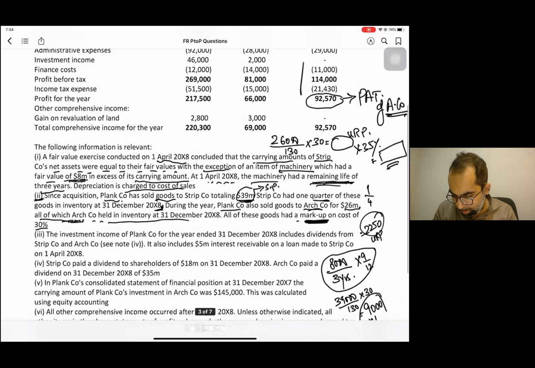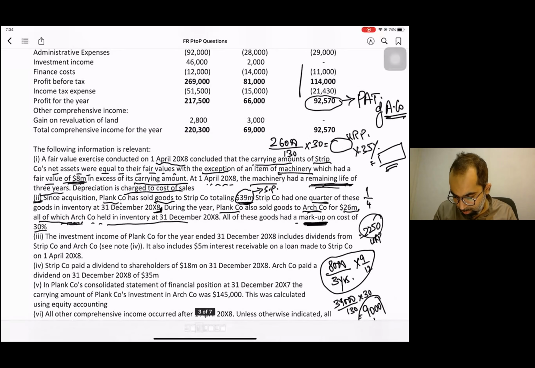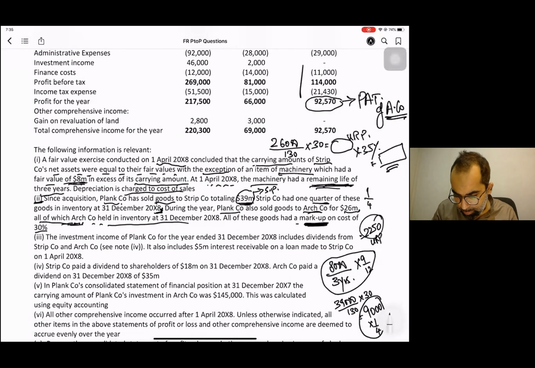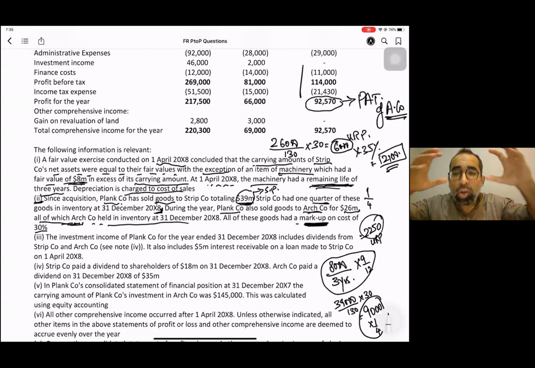I got the point now. This is 6,000 times 35%. 2,100 is your amount of adjustment. I got it. Thank you, boys. 2,100 is the amount of adjustment which you need to deduct from associate share of profit.